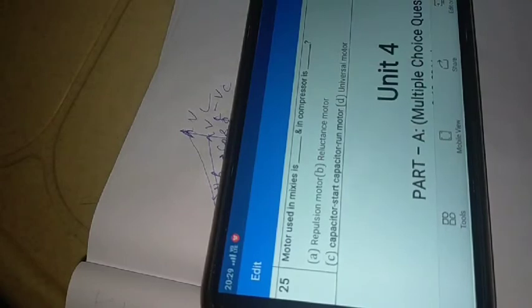Capacitor start and capacitor run means what? In the running winding one capacitor will be there, in the starting winding one capacitor will be there. These are machines needing high starting torque. So when you need much higher starting torque, you have to use two capacitors, one in starting and one in running, because in running also you need high torque. Mixer or grinder load is continuously given.